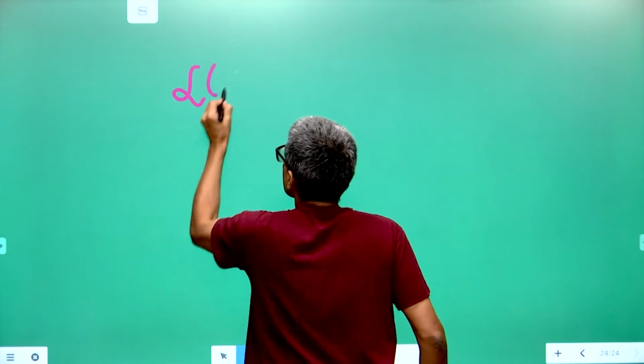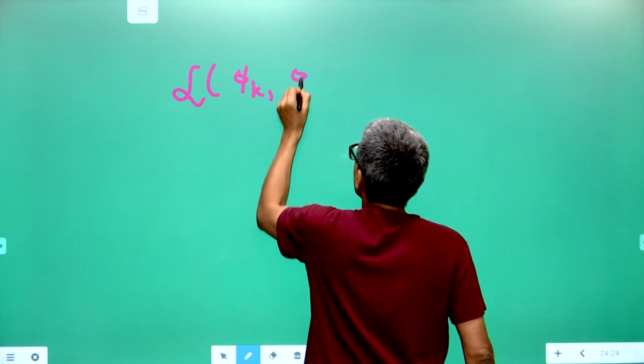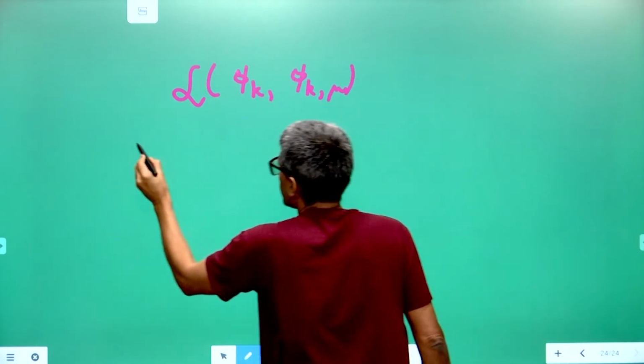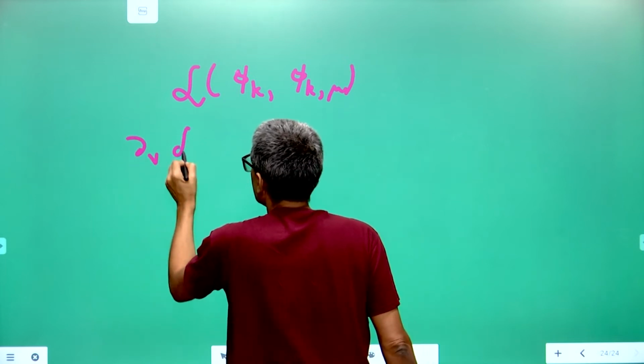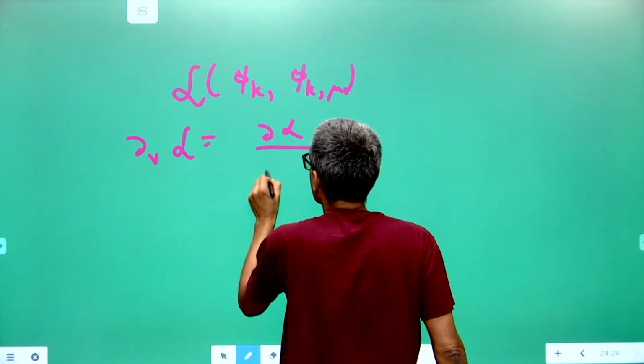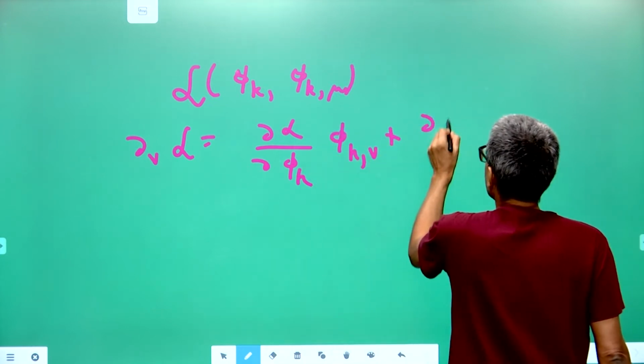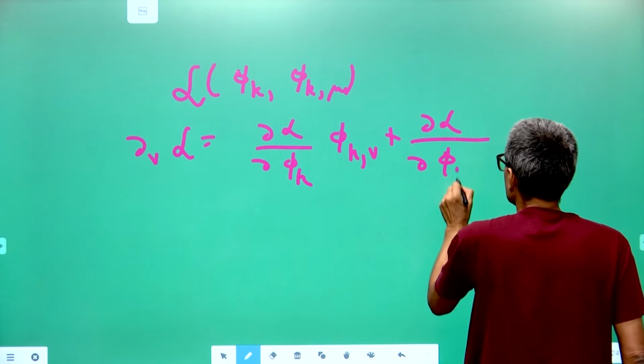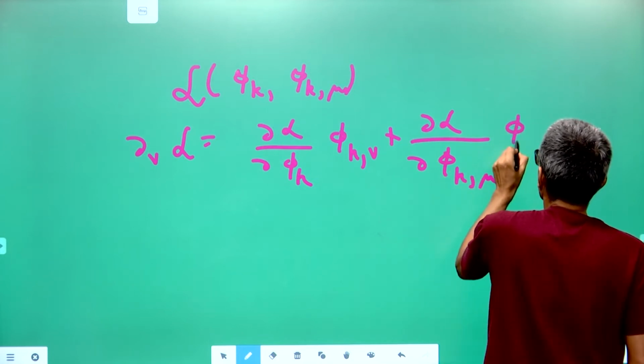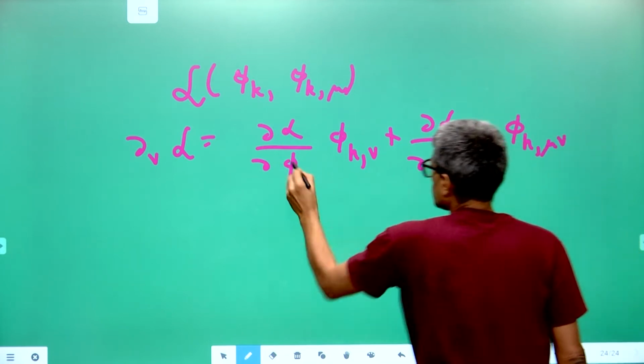You have L, which is a function of φ_k and φ_k,μ. So I calculate ∂_ν of L, which is equal to ∂L/∂φ_k into φ_k,ν plus ∂L/∂φ_k,μ into φ_k,μν. Replace this with the equations of motion.